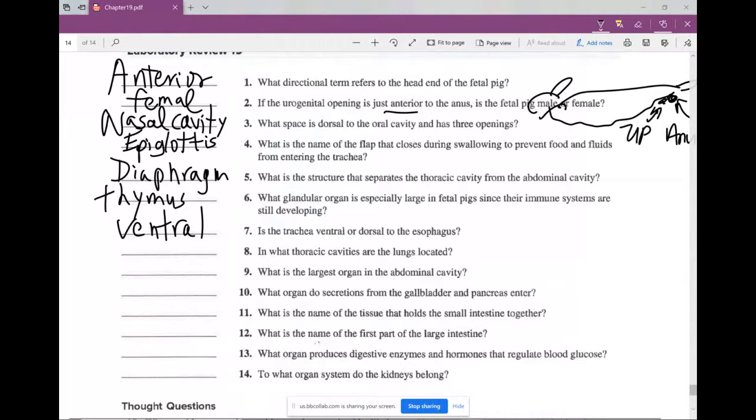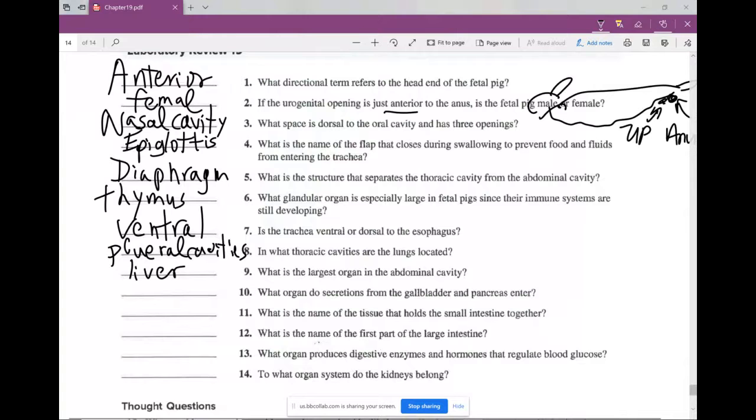In what thoracic cavities are the lungs located? Pleural cavities. All right, pleural cavities. So you can refer to the book. What is the largest organ in the abdominal cavity? Liver.